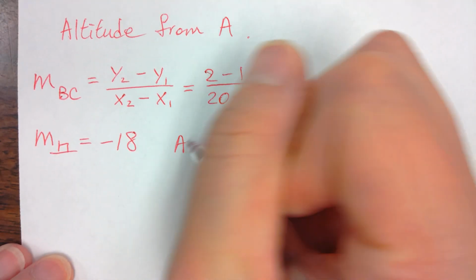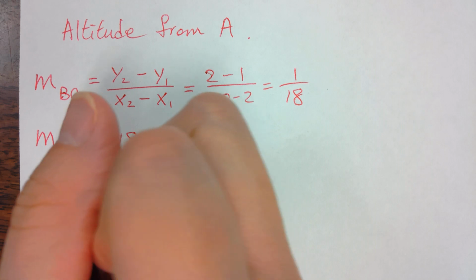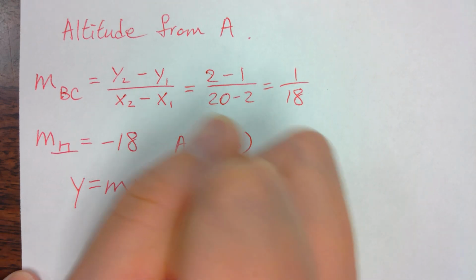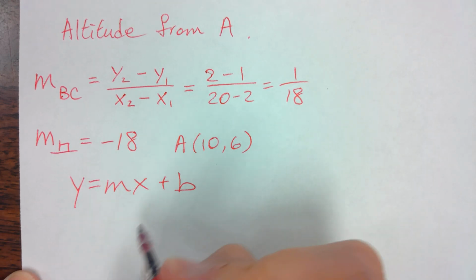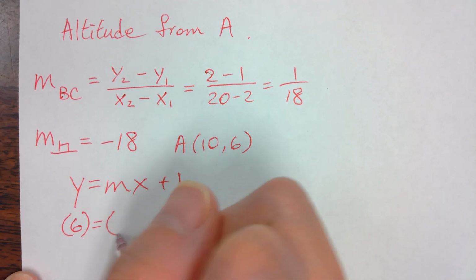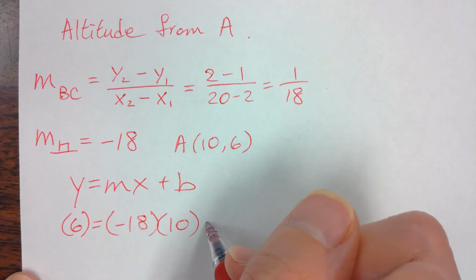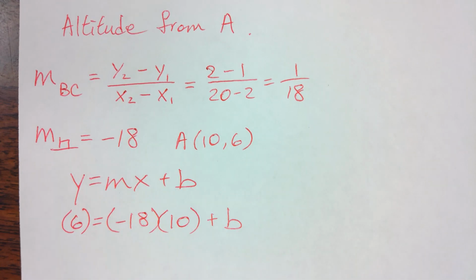I want to use point A, which is 10 and 6, and my slope, which is negative 18, substituted into y equals mx plus b. So y is 6, m is negative 18, x is 10. Wow, I chose nice numbers. I'm proud.